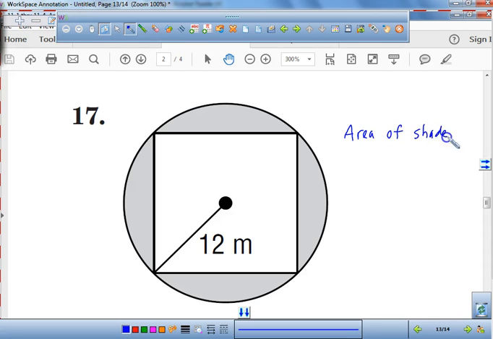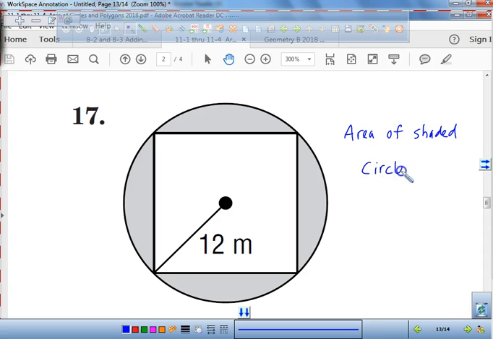Here's the basic concept: area of shaded is you're going to take the circle and take away the square. You're going to find the area of the circle, and take away the area of the square.